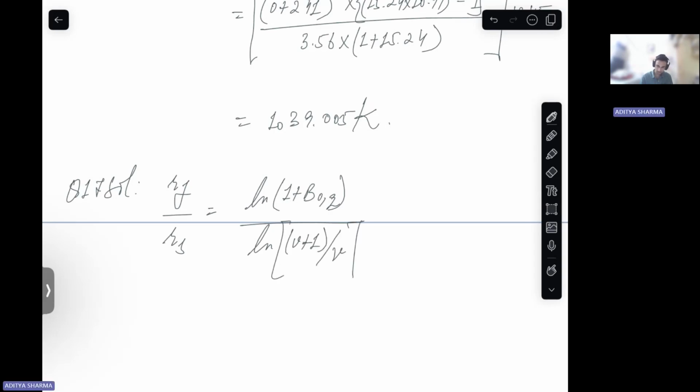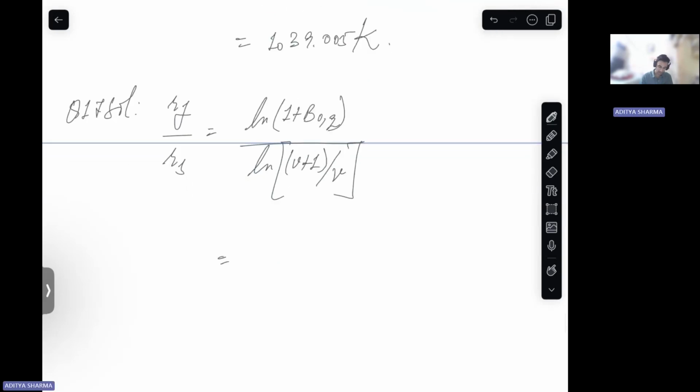Okay. Now if we put the values and work this out, this will come out to be 39.0. So you can solve this this way. All right. So this was question number 17.